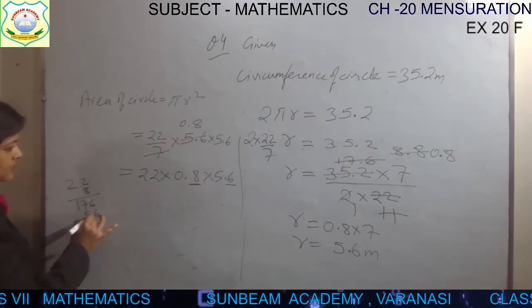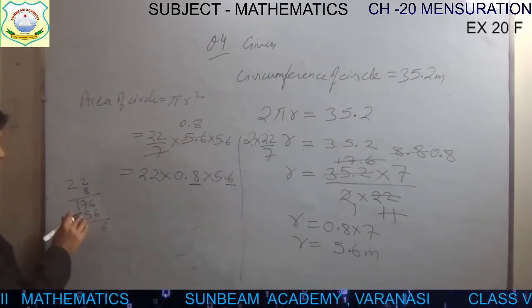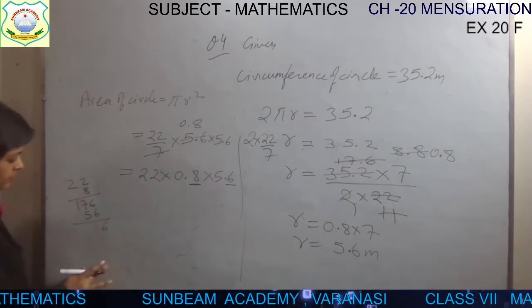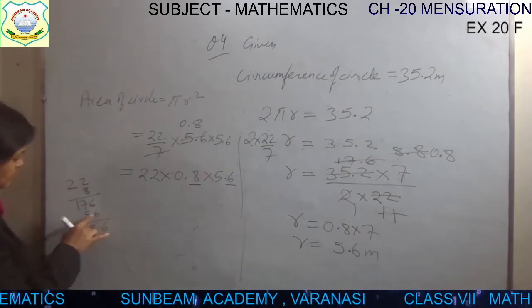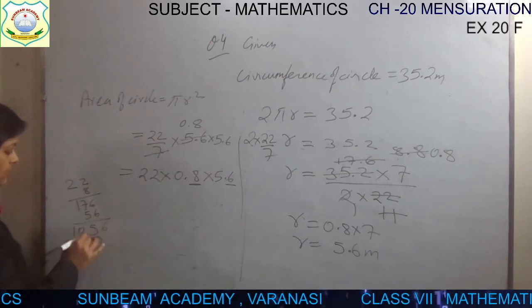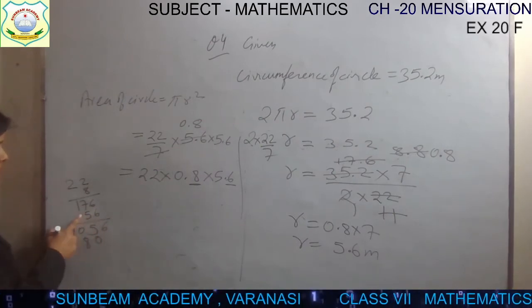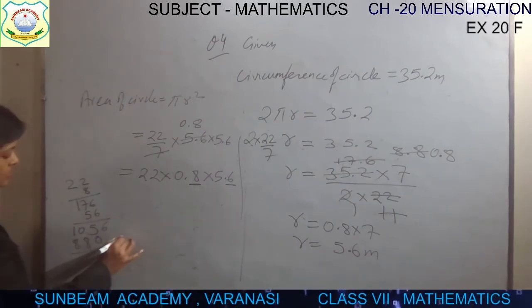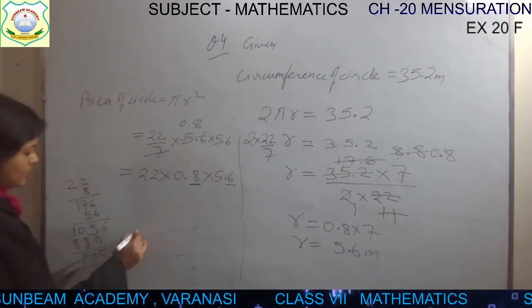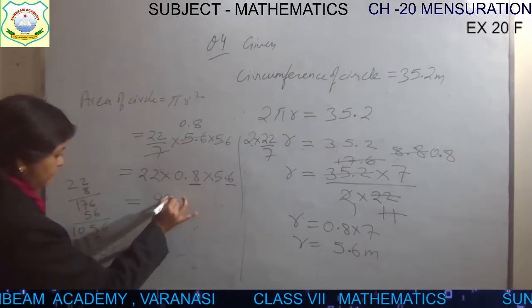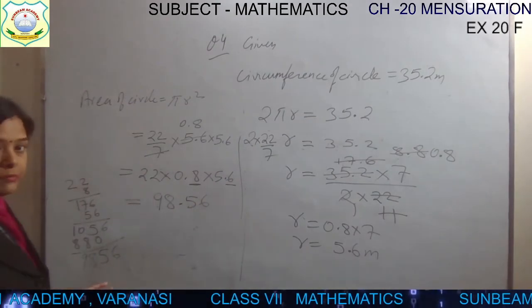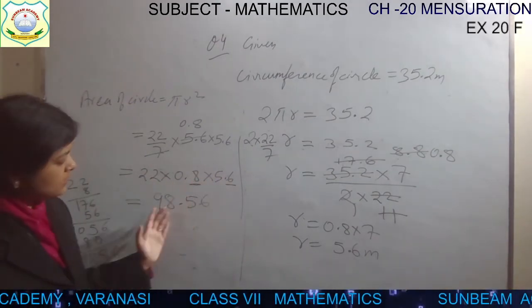And then 56. 6 sixes are 36, 7 sixes are 42, and so on. So it is 9856. Overall the multiplication of 22, 8 and 56 is 9856.